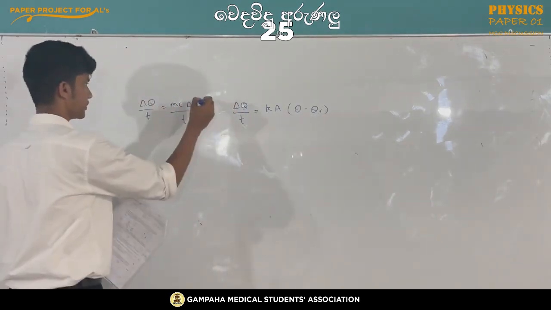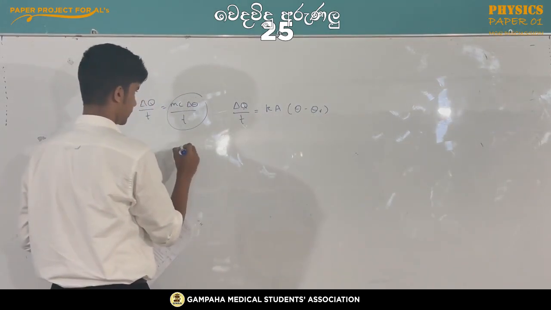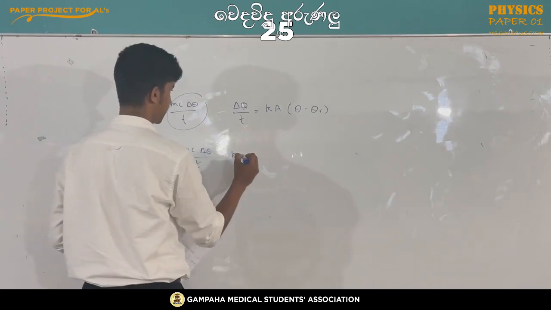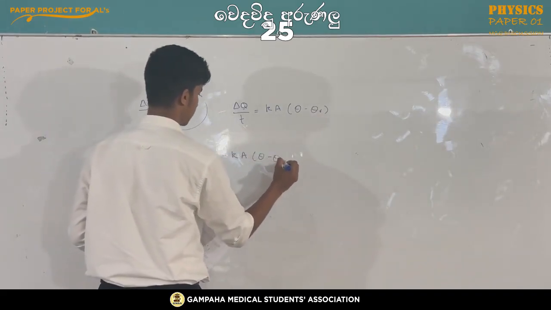So we can use this expression instead of this, and then m c delta theta equals K A (theta minus theta r).